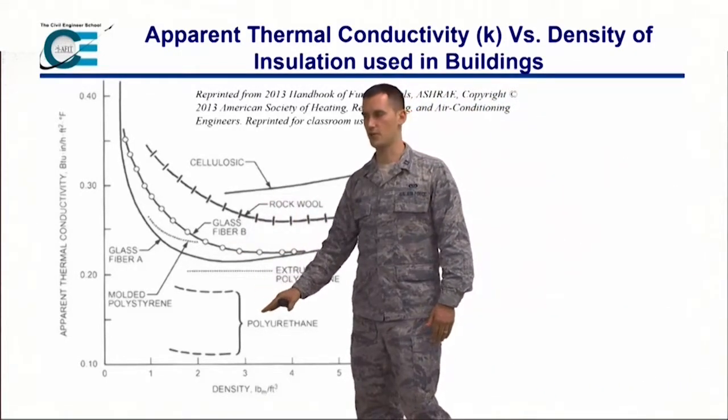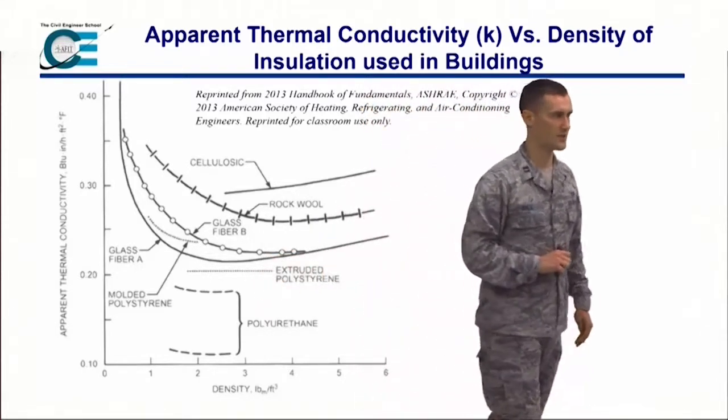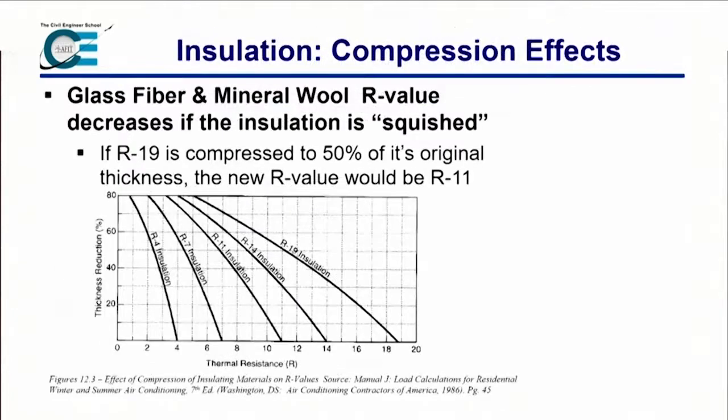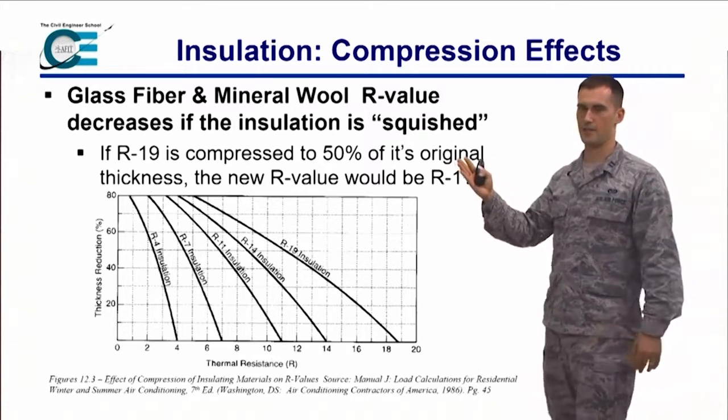Not so much a concern with rigid insulation because there's not a whole lot of variance there. So that's just another characteristic of the insulation that you may want to be aware of. Now, while you want to get the certain density, what you don't want to do is squish or compress that insulation.